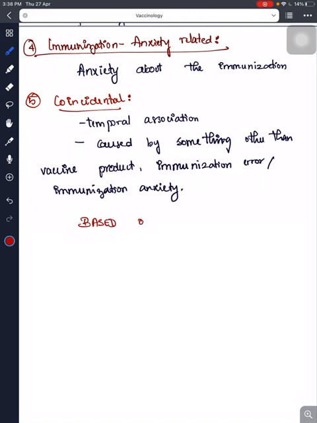So these are the 5 types of classification under underlying association of AEFI.